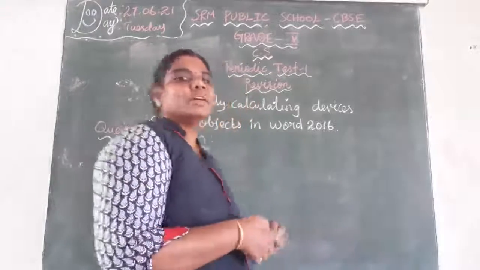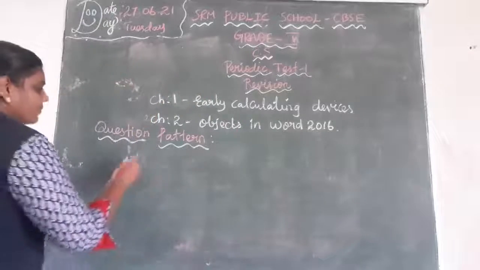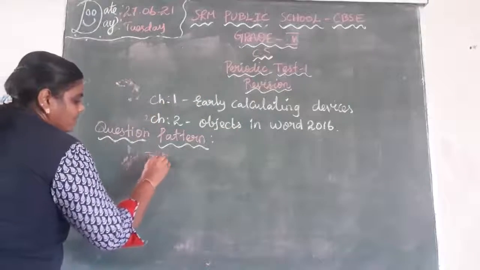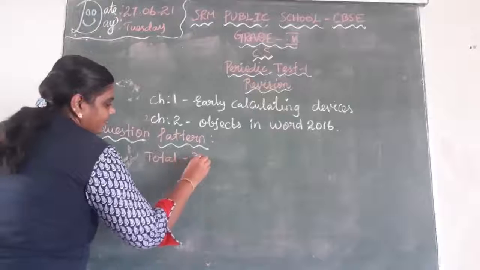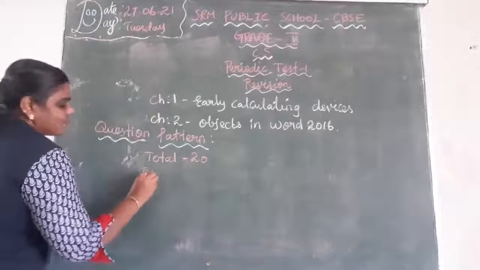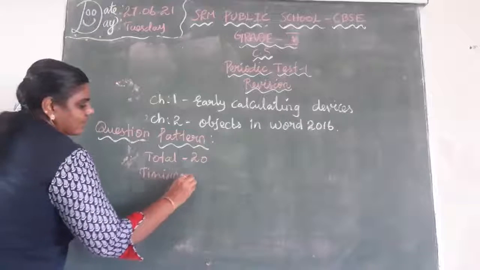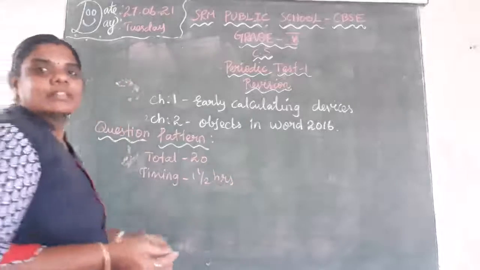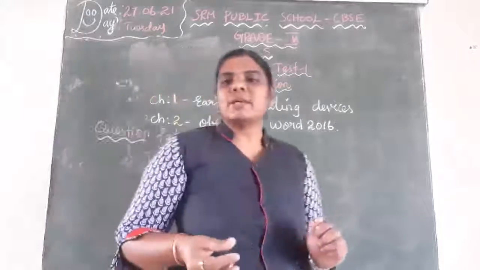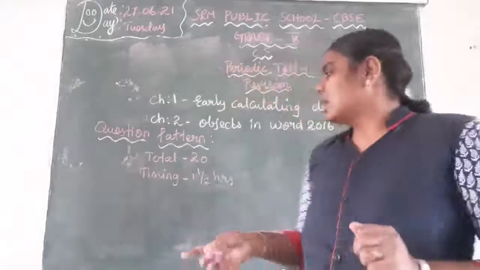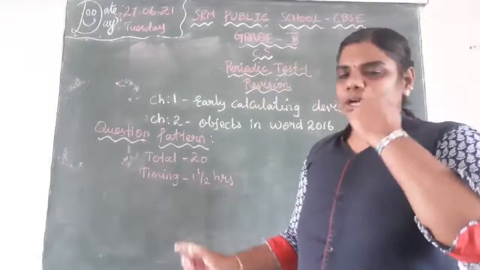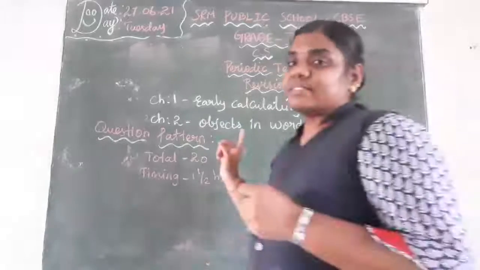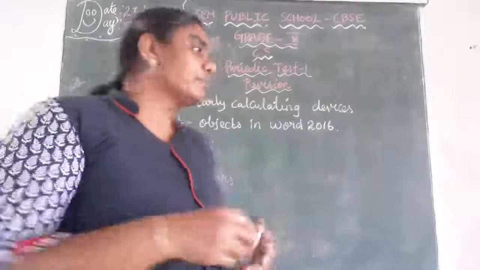How many marks? 20 marks. Total marks is 20. Your exam timing is 1.5 hours. Okay dears, how many marks are you going to write the exam? 20 marks. Your exam timing is 1.5 hours. Okay, let's see the question pattern.